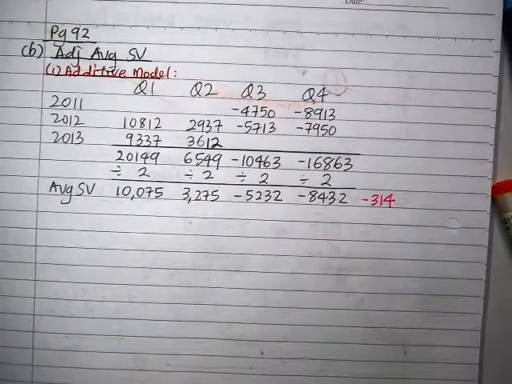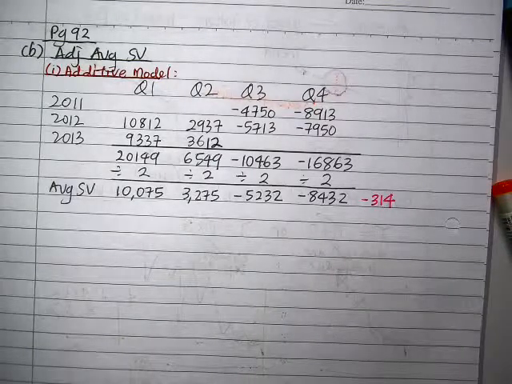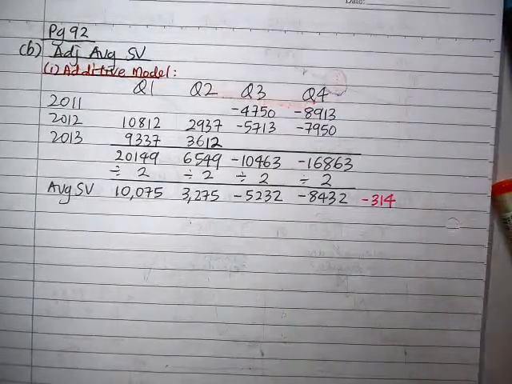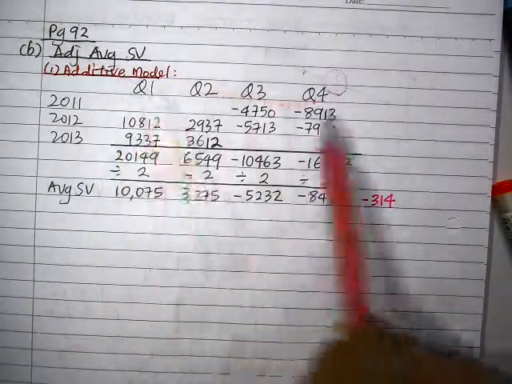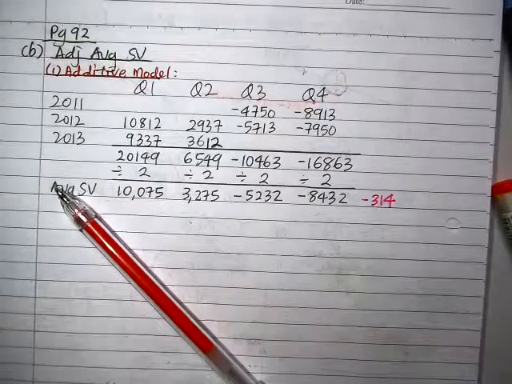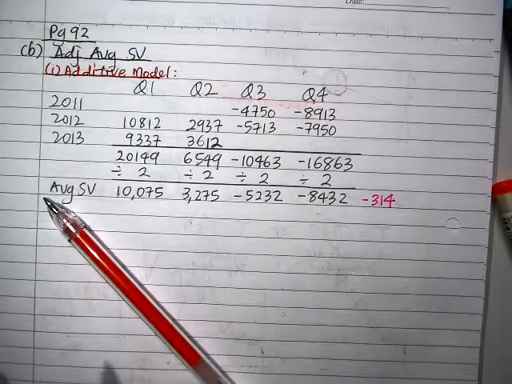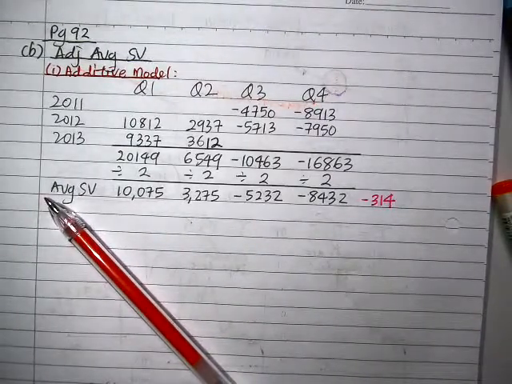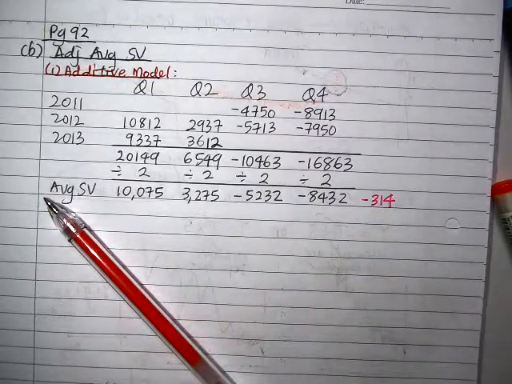Just like when you zoom in, you can see up, down, up, down. But when you zoom out very far away, you cannot see all the small details. You just see one line only. That's what we're trying to say. So in the long term, the seasonal variation effects all cancel out each other. One up, one down, effectively in the long run, the up and down will cancel off each other. The effect will disappear.